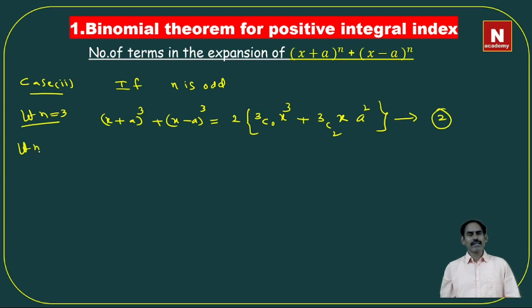Now I am taking another example. Let n equal 5. What will happen to the number of terms? (x + a)^5 + (x − a)^5.